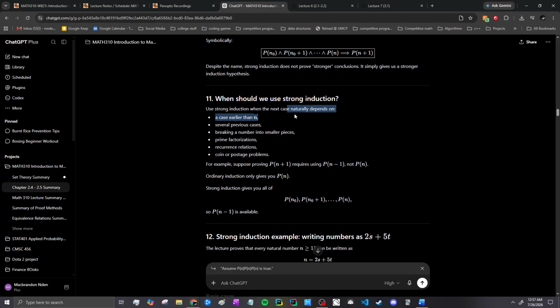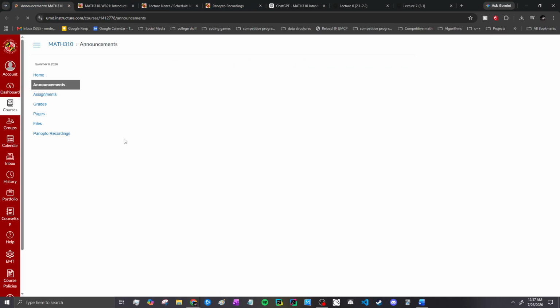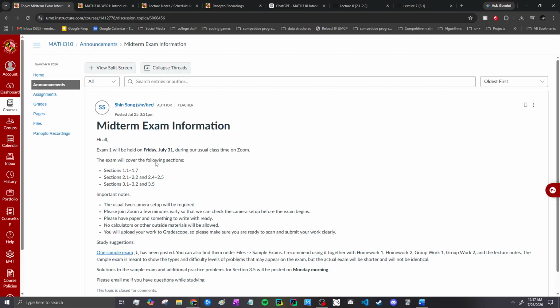Strong induction is used when the next case naturally depends on a case earlier than n, several previous cases. Also, I should probably mention that our professor said it 3 times.